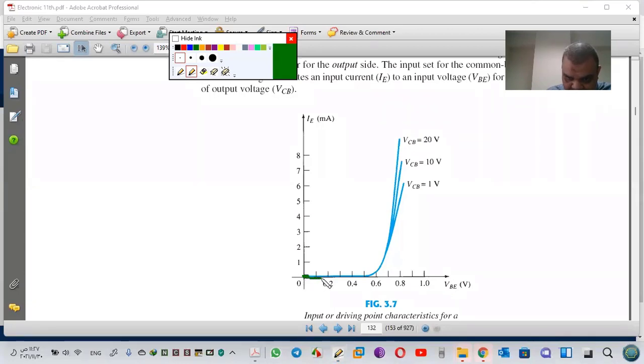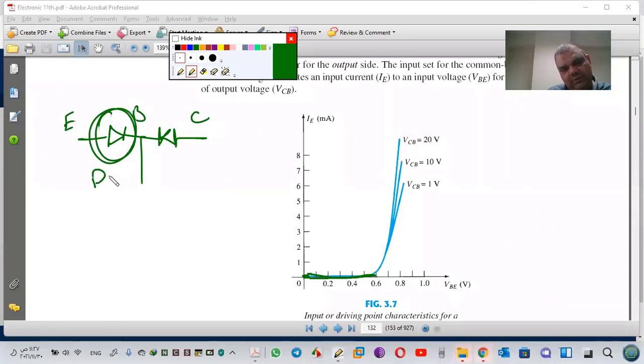See my friend, for the input current, if we draw the equivalent, if you remember, E, P, C. So this is a diode. Usually we are using a silicon transistor. For silicon, we need 0.6 to 0.7 volts to open. So see this area, it's off, no current.